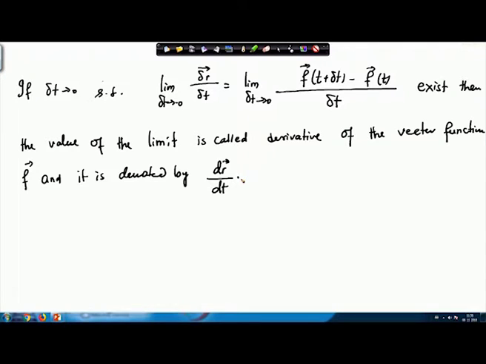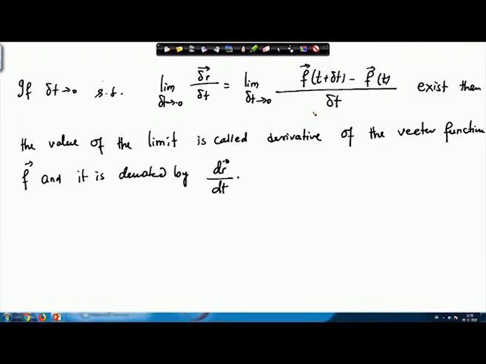So, when delta t goes to 0, this right hand side, if the limit exists, is called the derivative of the vector function f, and it is denoted by dr dt.